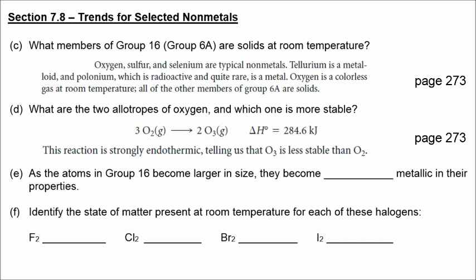As the atoms in group 16 become larger in size, they become more metallic in their properties. So polonium is a metal. The states of matter for the halogens are gas for fluorine, gas for chlorine, liquid for bromine, and iodine is a solid.